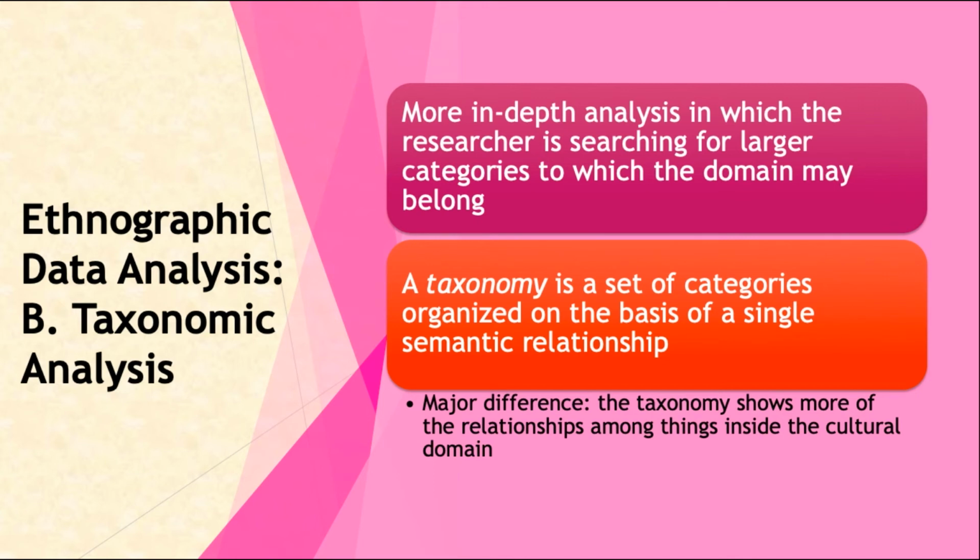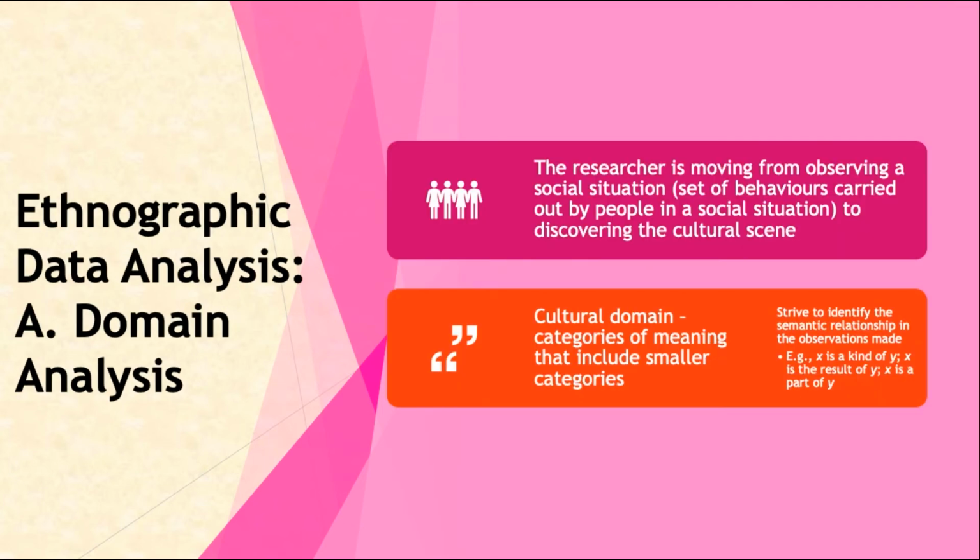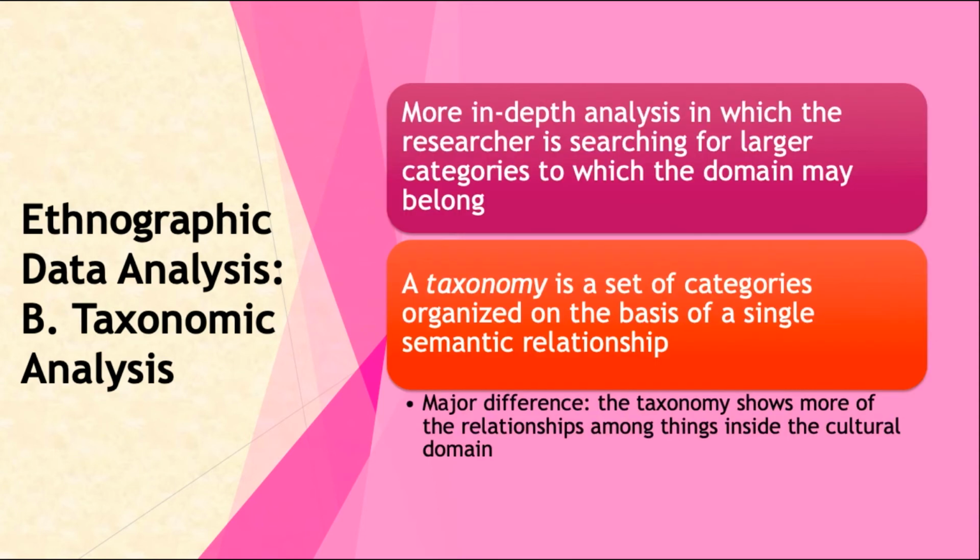So from the first one, this domain analysis, when you're interviewing, you will get small categories or subcategories, or what we call the domain, which is better. So you may have so many domains. What you will do now is try to put some of the domains, let's say 3, 4, 5, into one umbrella, and we call them a category, a larger category.